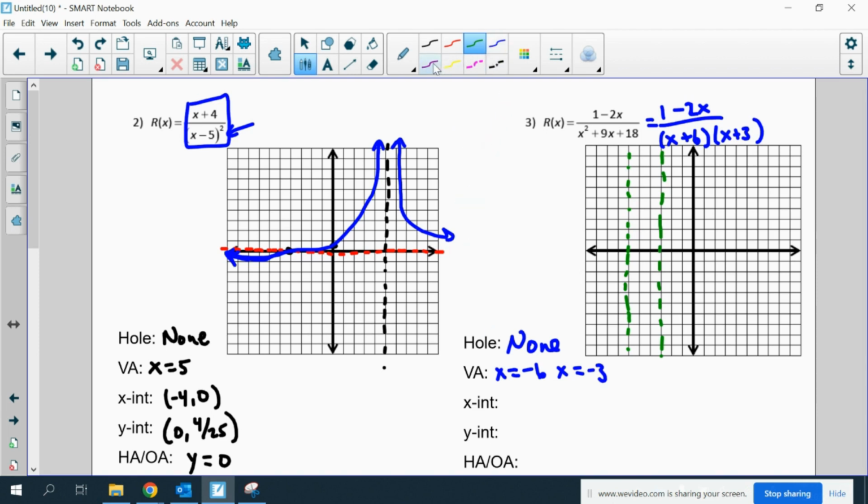There is an x-intercept where the numerator is equal to 0. So if I set the numerator equal to 0 and solve for x, x equals 1/2. So I would write that as the point (1/2, 0).